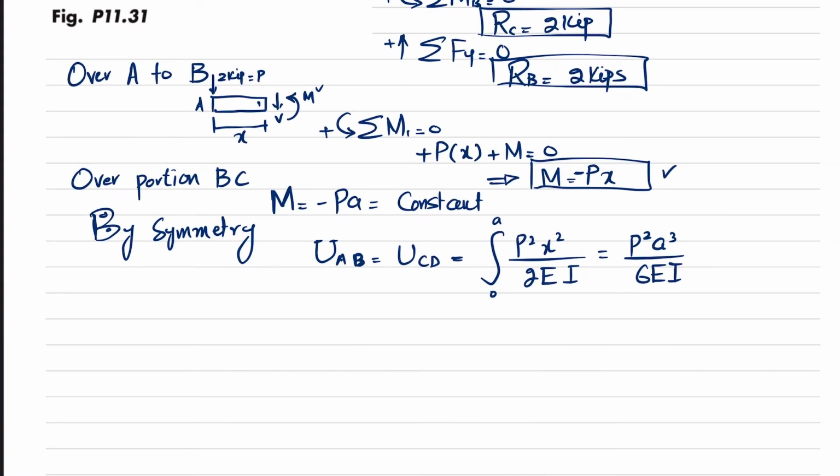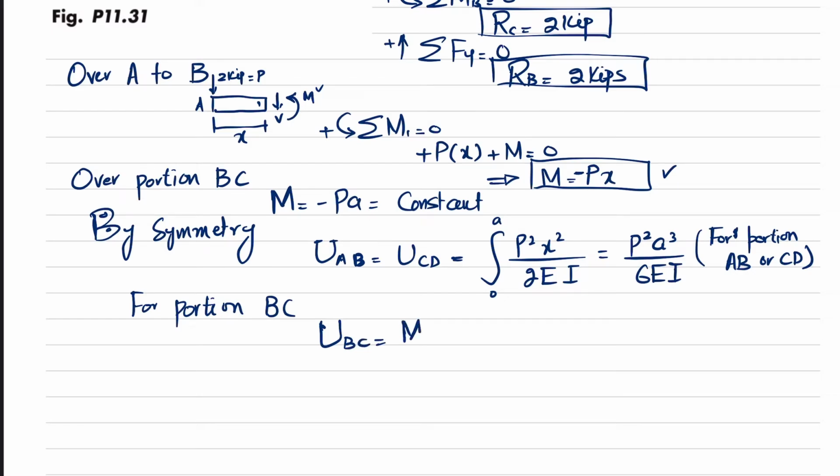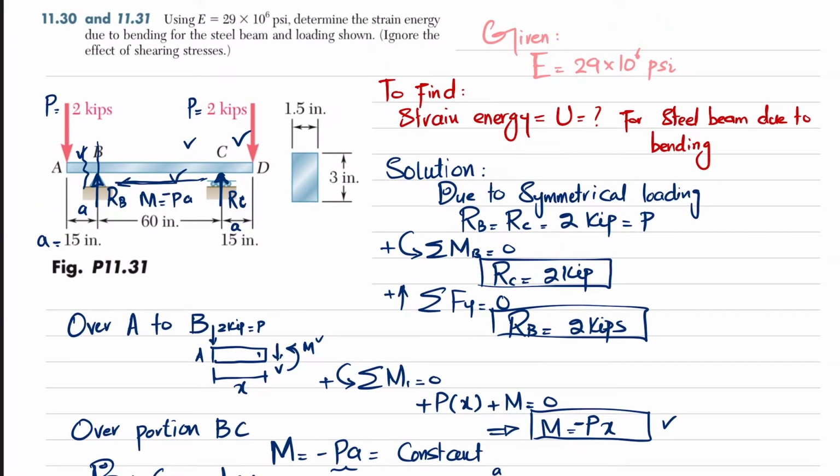This is for portion AB or CD. Then for portion BC we have UBC is equal to M square into the length, which is b. Let the total distance of 60 inch be b.